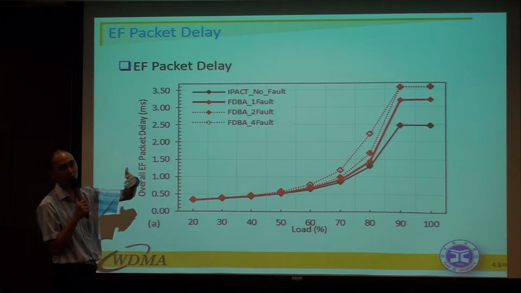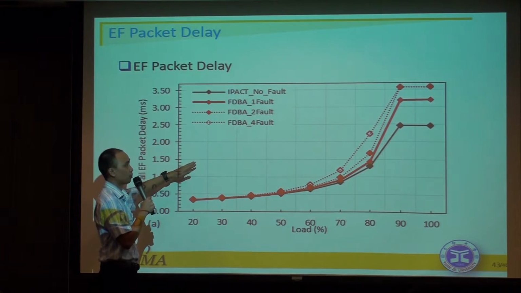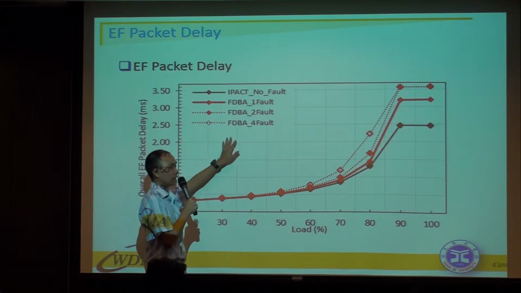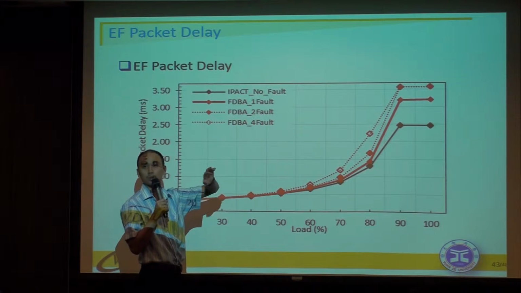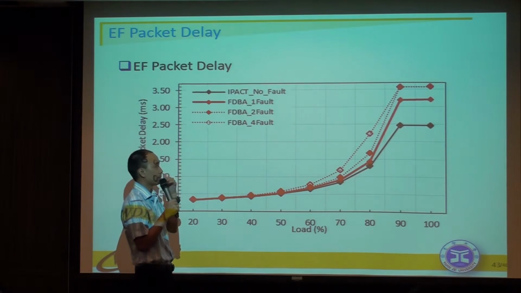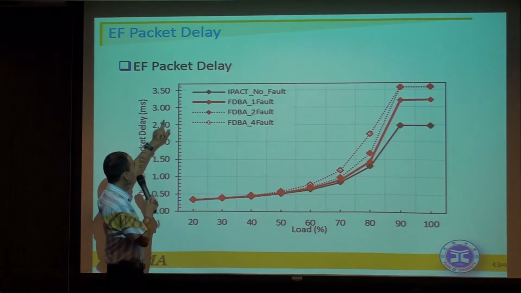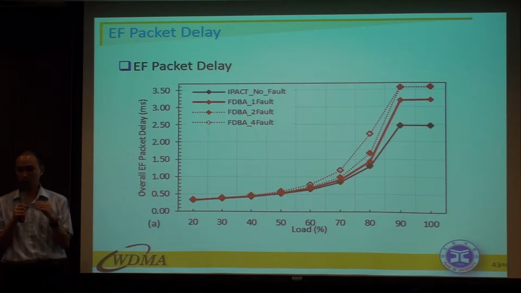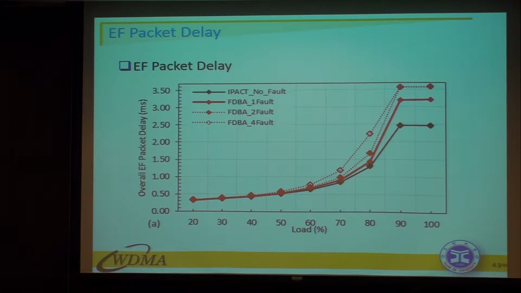Because according to the standard, if you have a delay of more than 5 milliseconds locally, then it means that you have some problems with the voice. Probably you cannot hear and so on. So basically, we can have less than 5 milliseconds, so it can be categorized as accepted.